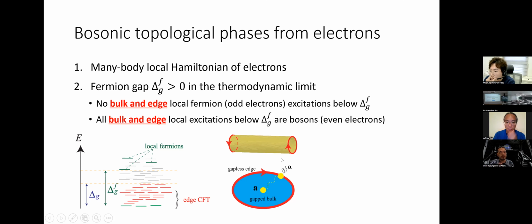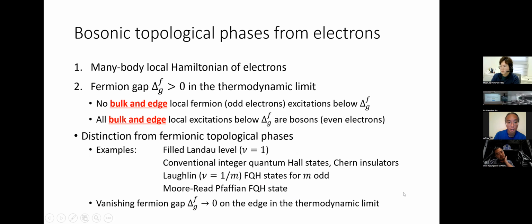In particular, if you look at the edge, this means that all the local edge excitations must be bosonic. Again, there might be some fractional excitations, but if I only take integral excitations, then they must be bosonic on the edge. All right, so under this requirement, we can make distinctions from more conventional fermionic topological phases.